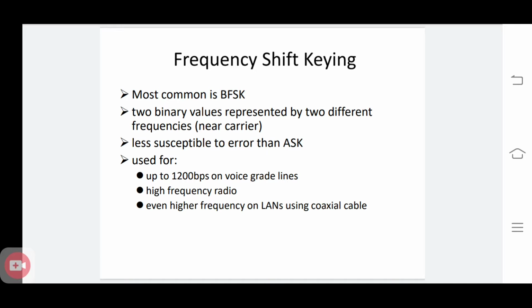They are used for voice grade lines and for LANs using coaxial cables. Also we use them for high frequency radio, and they are less susceptible to error than ASK, amplitude shift keying. So for representing binary 1 and binary 0, we use two different frequencies.